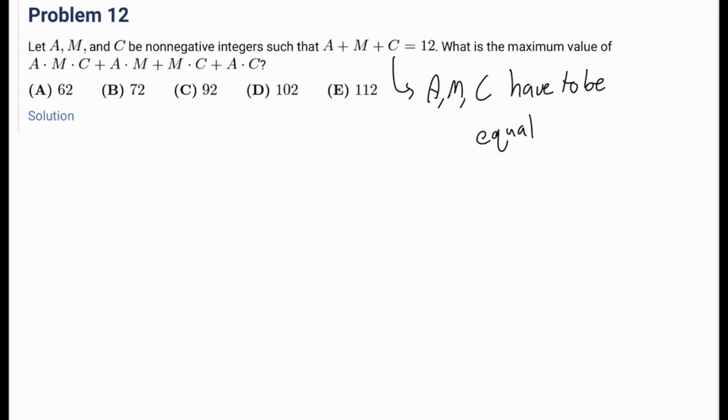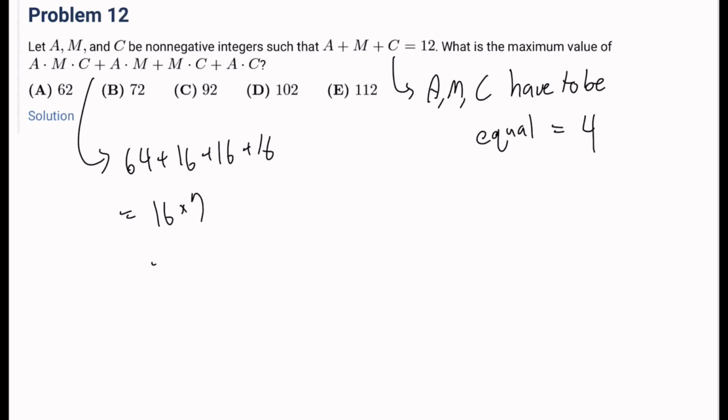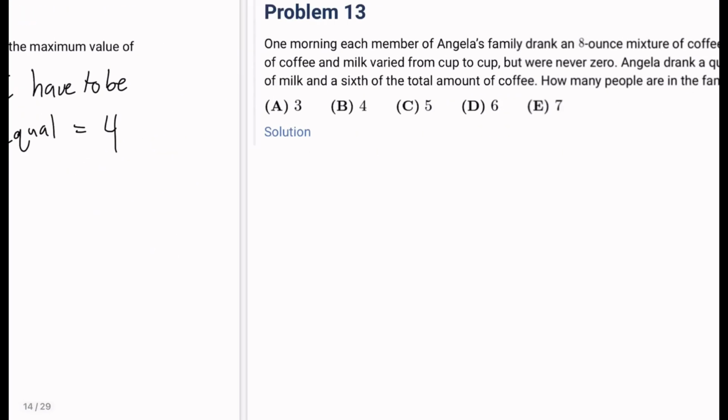So they would be equal to 4, because 4 plus 4 plus 4 equals 12. And so if we just put in 4 and 4 and 4 here, this will give us 4 cubed, so 64 plus 16 plus 16 plus 16, this equals 64 plus 48, so this is 112, so the answer is E.